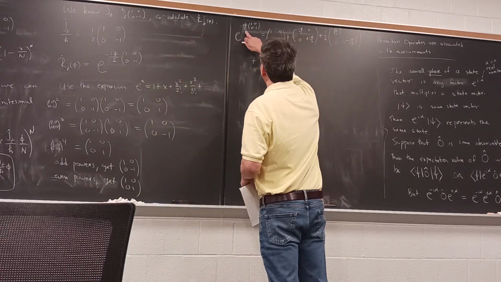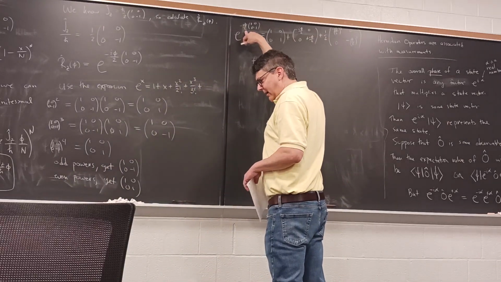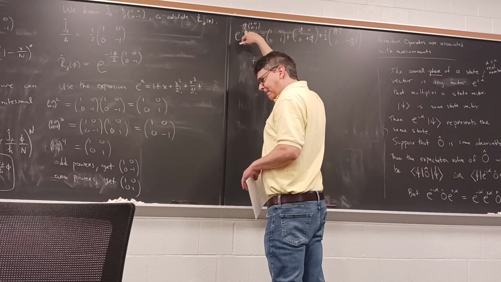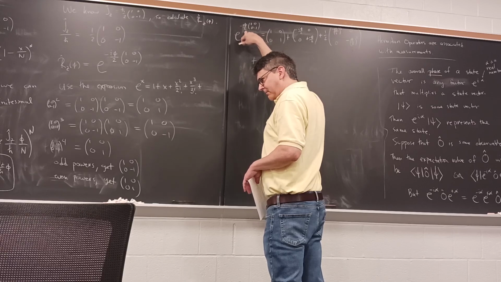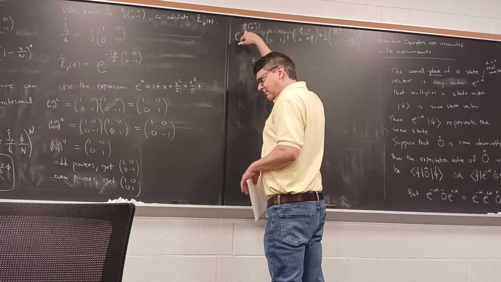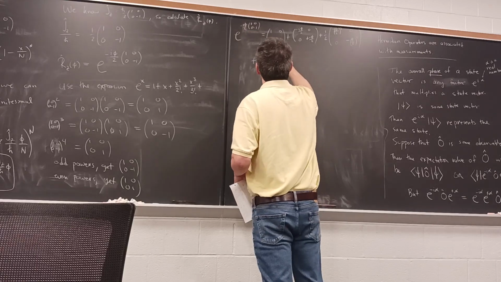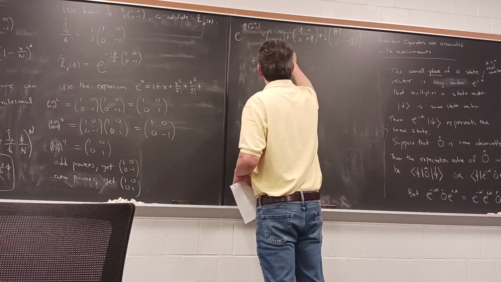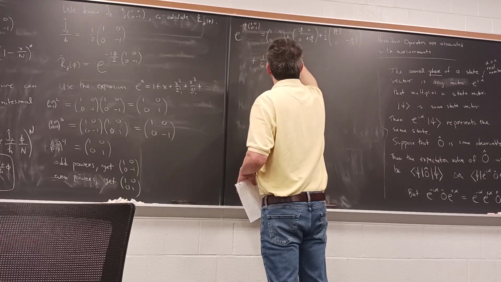And then I'll have this cubed, so that will be minus i cubed. That will be i squared times minus i. That's plus i. So i phi over 2 cubed.